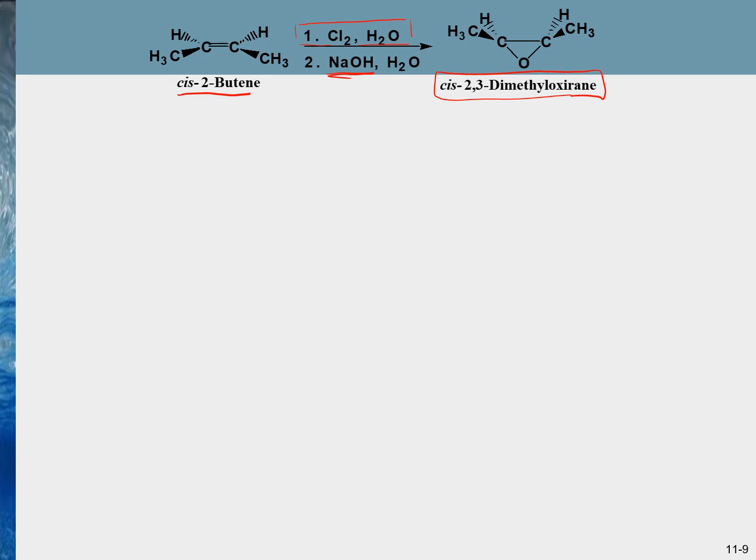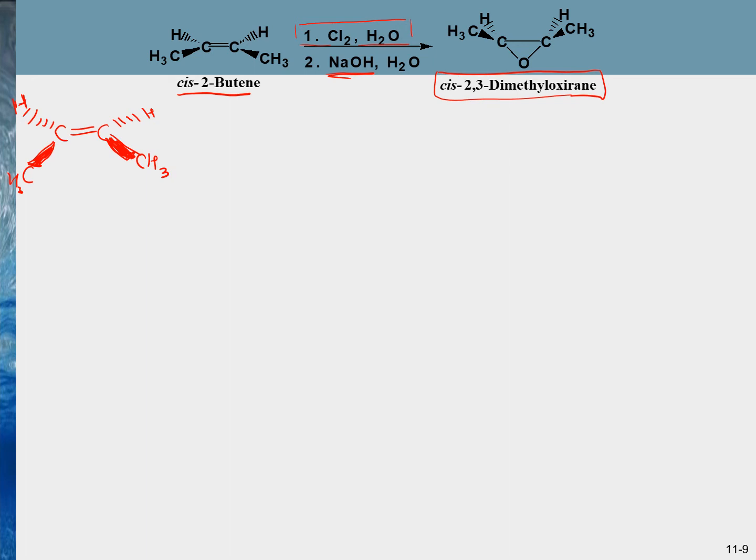So starting with the cis-2-butene, it is a flat planar molecule, and we know that addition of halohydrin to alkenes is an anti-addition process, which means that halogen and the hydroxyl group, they add on the opposite sides of the carbon-carbon double bond plane.